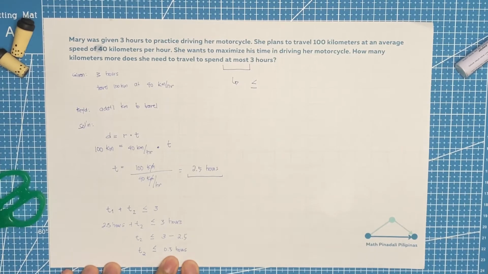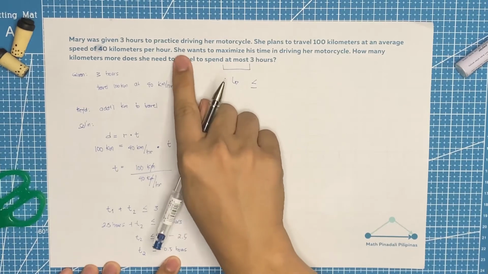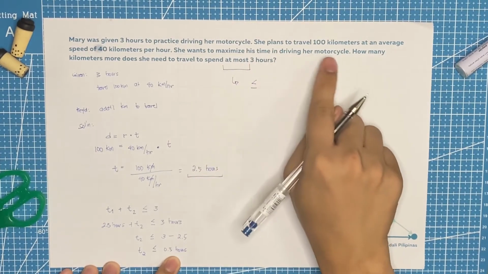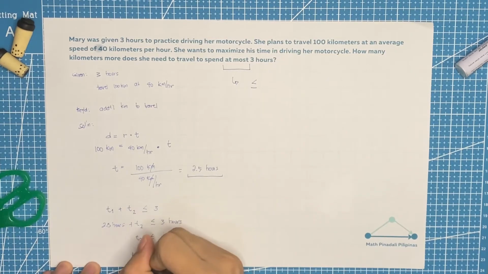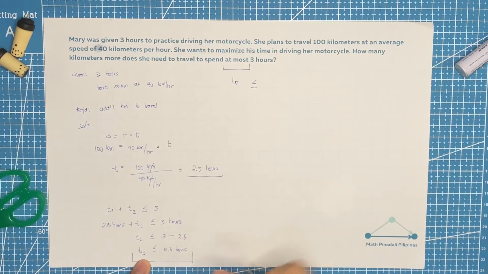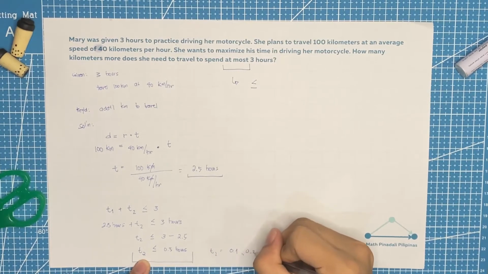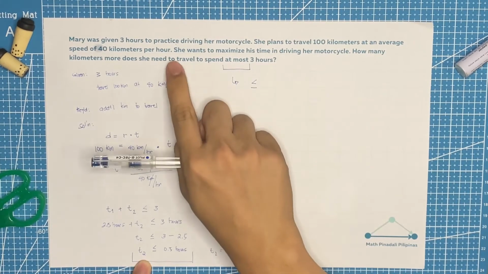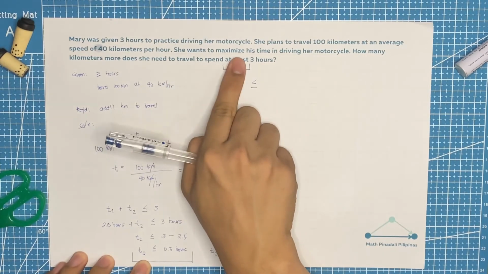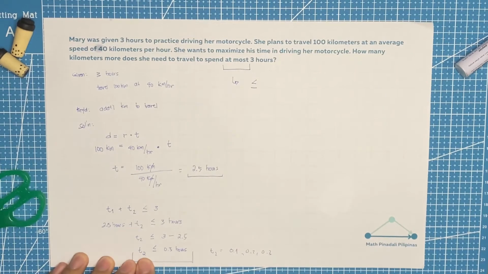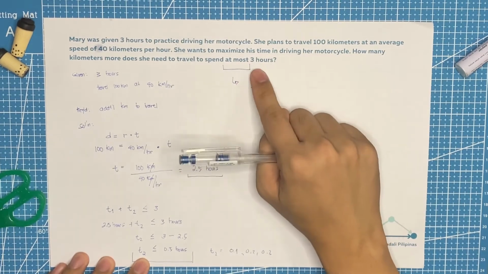But, meron pa tayong isang given na hindi natin na-count. She wants to maximize her time in driving her motorcycle. Now, from this inequality, of course, ang pwedeng value ng T2 would be 0.1, 0.2, 0.3. But given the statement that she wants to maximize her time, hanapin natin kung ano yung value ng T2 na makakapag-maximize yung 3 hours.